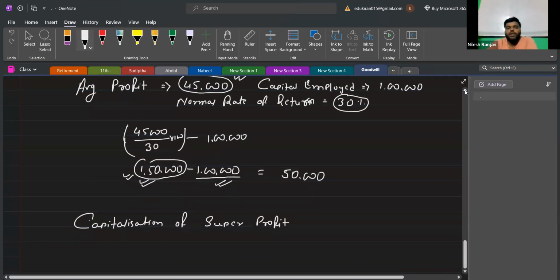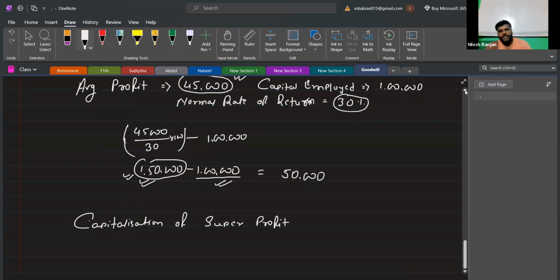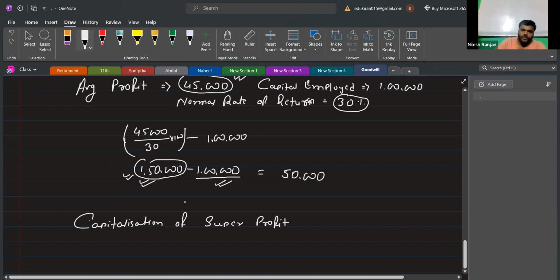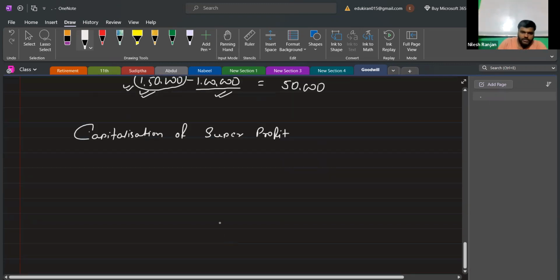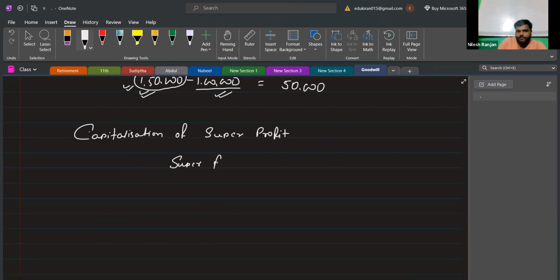Now, if we calculate super profit, then we will get 15,000 as you have already done. 15,000 is your super profit. So what we do here is super profit divided by normal rate of return.